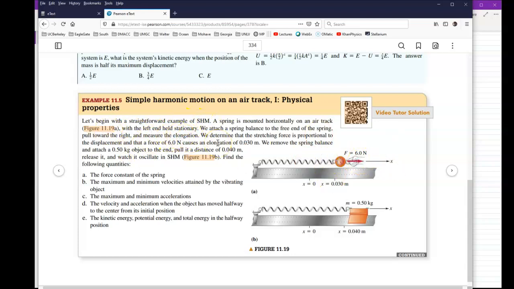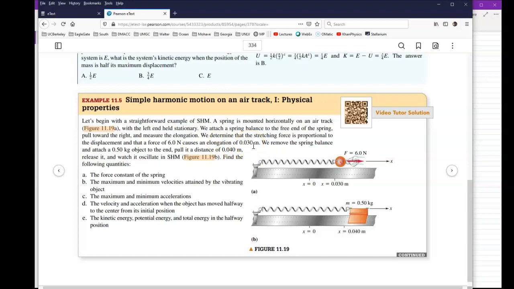Elongation means displacement, right? We determine that the stretching force is proportional to the displacement, F equals kx, and that a force of 6 Newton causes an elongation of 0.03 meter.